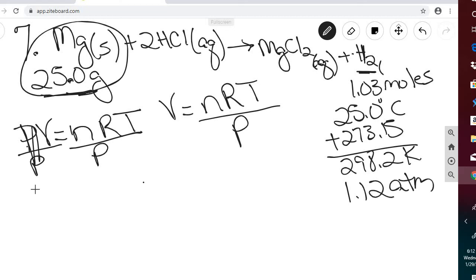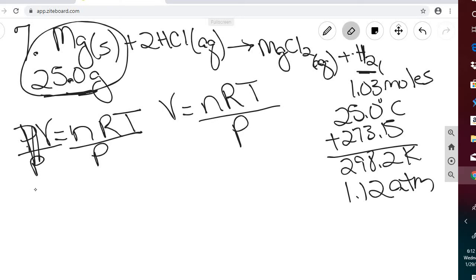Okay, so I think we're ready then to figure out the volume of hydrogen. So volume is equal to the number of moles, which we determined was 1.03 moles. I'm going to scoot this over so I make sure I have enough room.